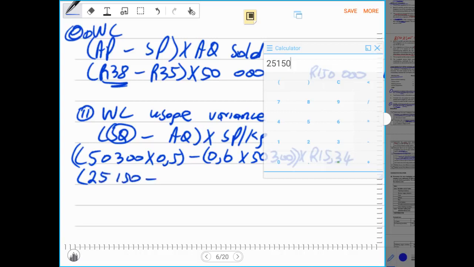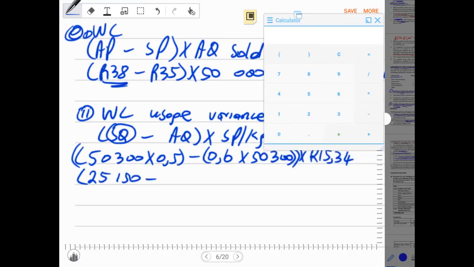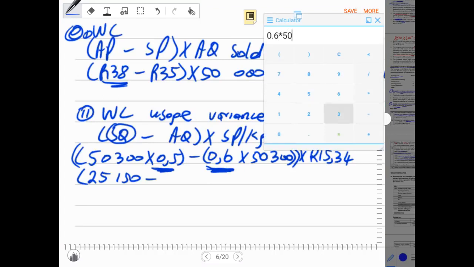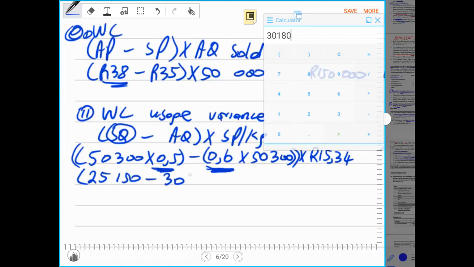25,150. Then we subtract the actual. We actually used 0.6, not 0.5. So we were supposed to have spent 0.5 per unit, but we actually spent 0.6. So we say 0.6 times 50,300, and this gives us 30,180 kgs that we actually used.